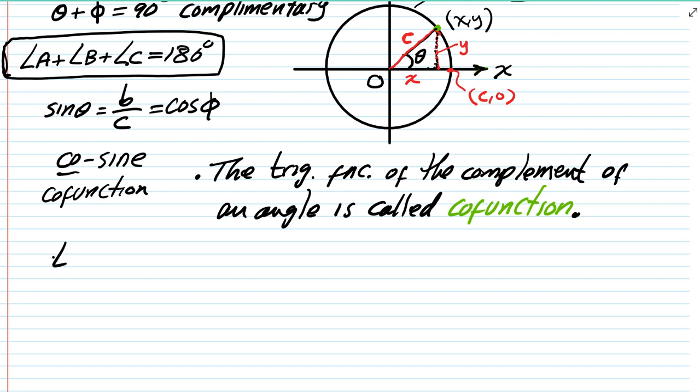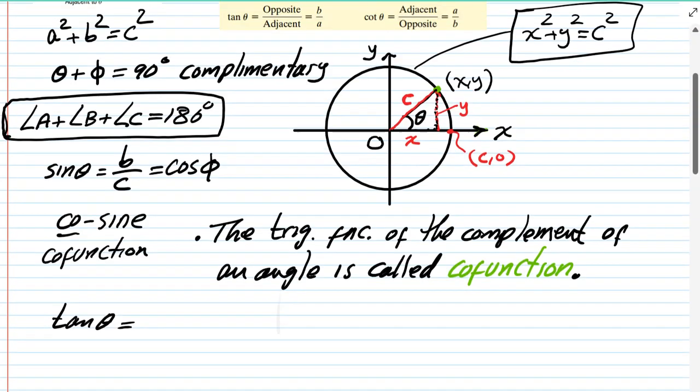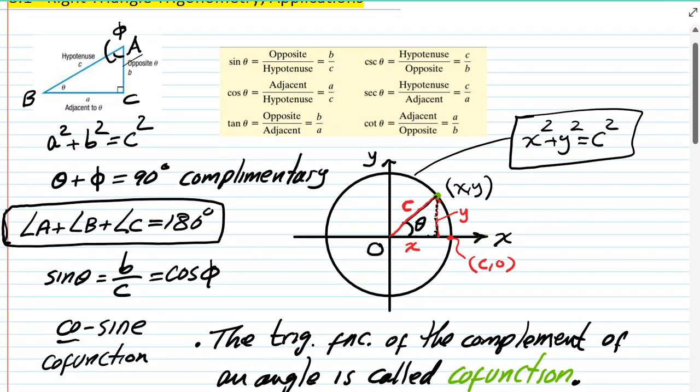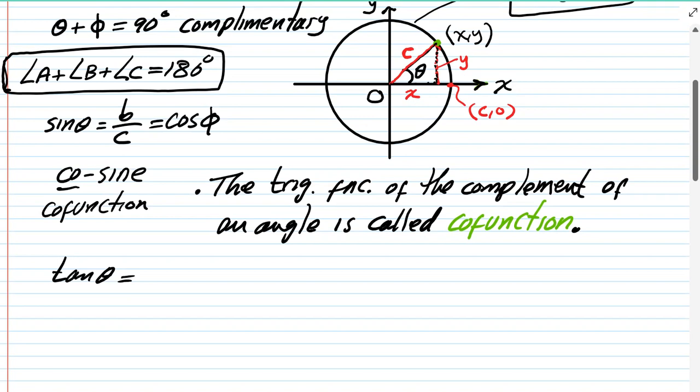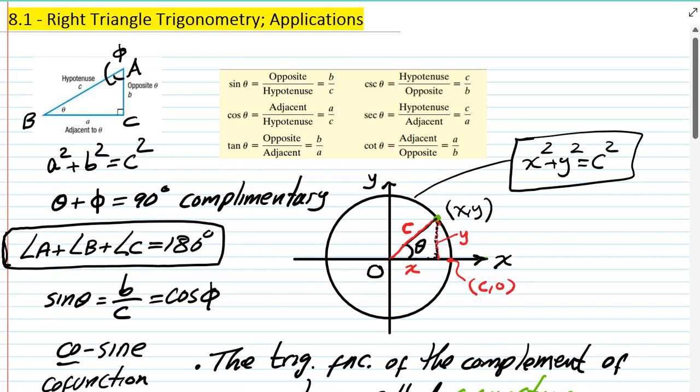Now, if I think in terms of tangent of theta, tan theta is going to be the measure of the side opposite to theta over adjacent to theta. That is b to a. That's the ratio of b to a. Now, with respect to angle phi, the ratio changes to a over b, right?